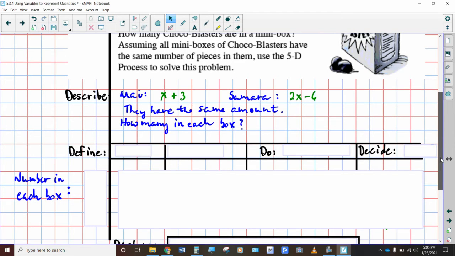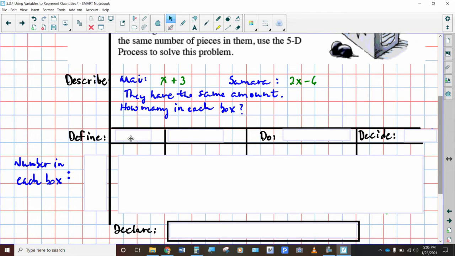So let's take this information here, and we're going to start with Mai, and hers is X plus 3, and then we're going to go to Samara, which will be 2X minus 6, and what we have to do is make those equal to each other. If they are equal to each other, then we're going to know that we've got the answer.